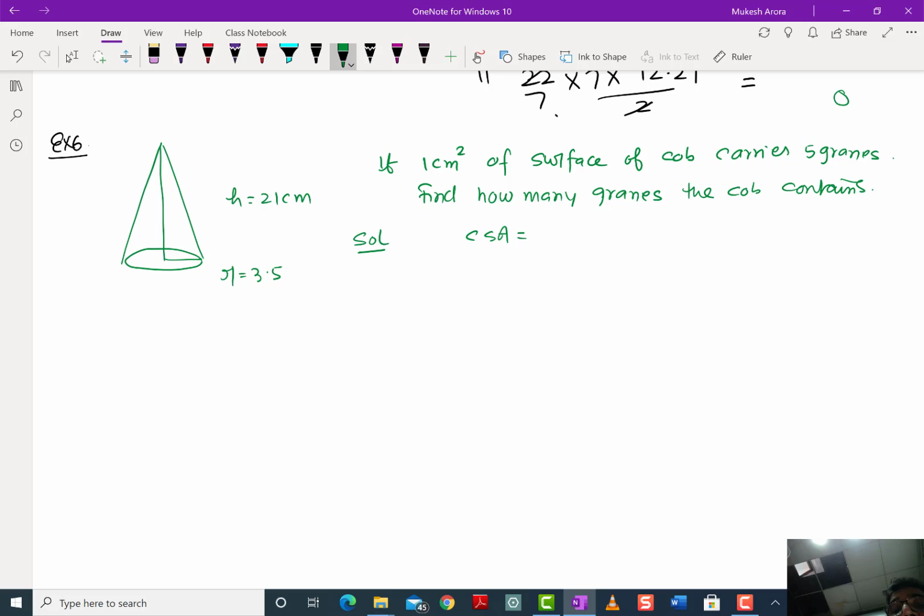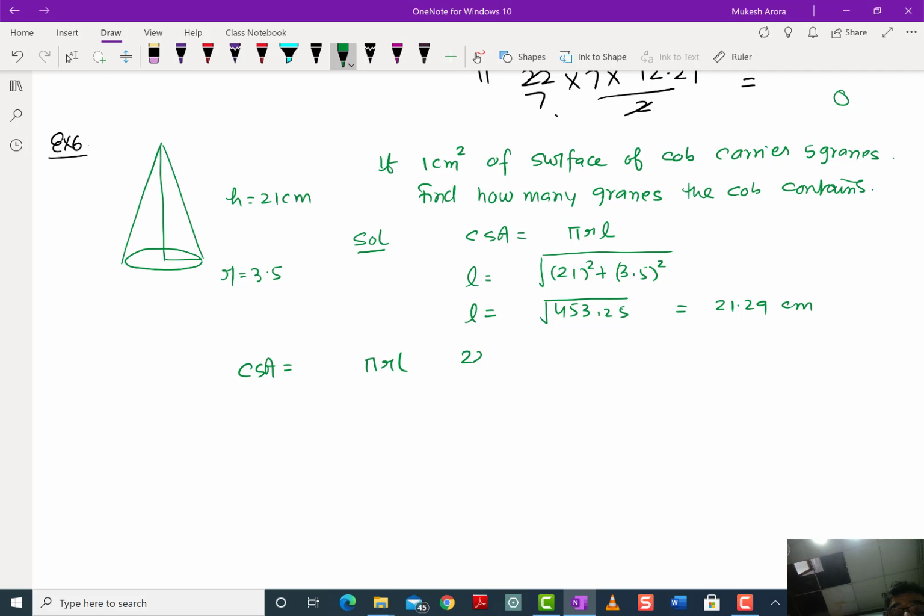Curved surface area is pi r L, and L is equal to root of 21 square plus 3.5 raised to the power 2. L is equal to root of 453.25, and the under root of this will be 21.29 centimeter. So CSA is pi r L, so 22 by 7 into 35 by 10 into 21.29, so it will be 234.19 centimeter square.